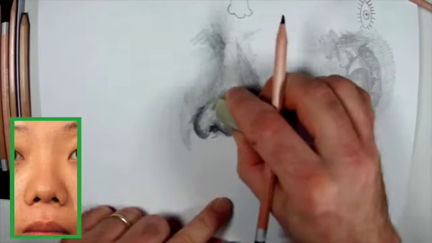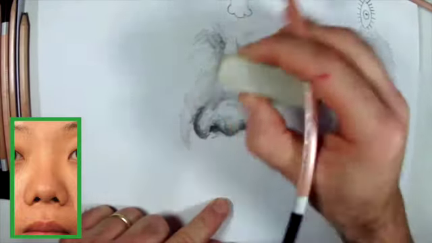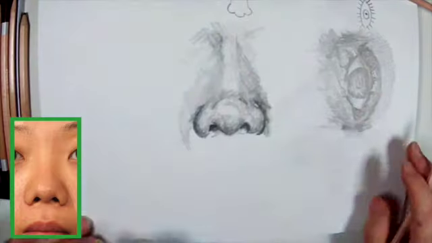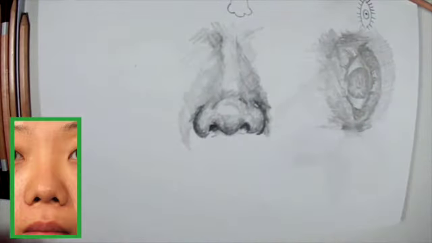And I can come in with my eraser and add in a couple of highlights here in order to make that look a little bit more natural.